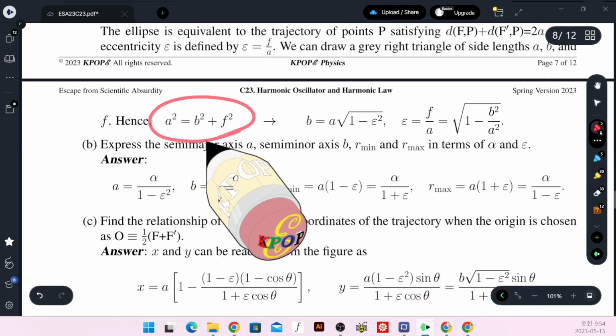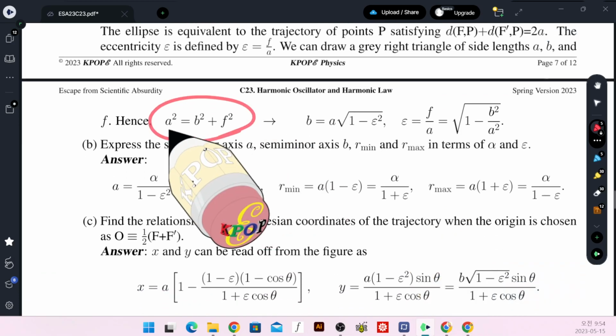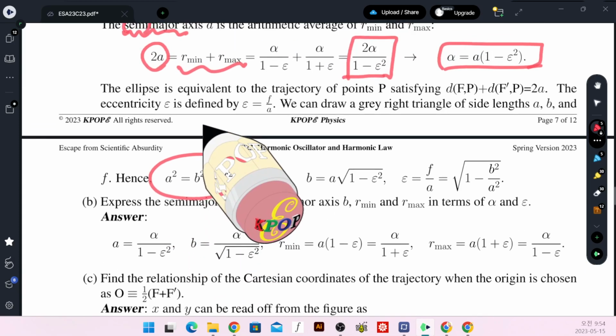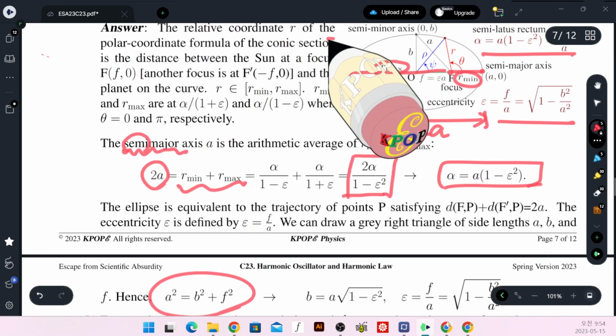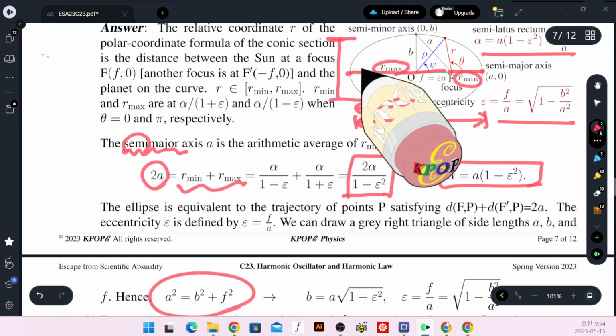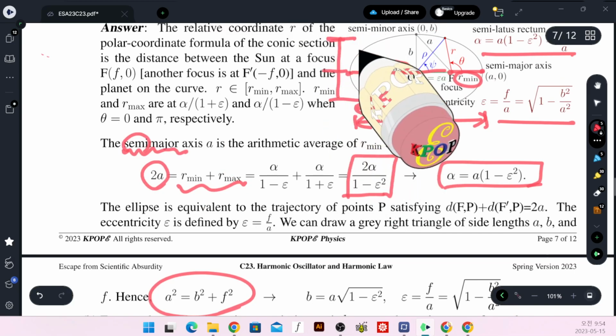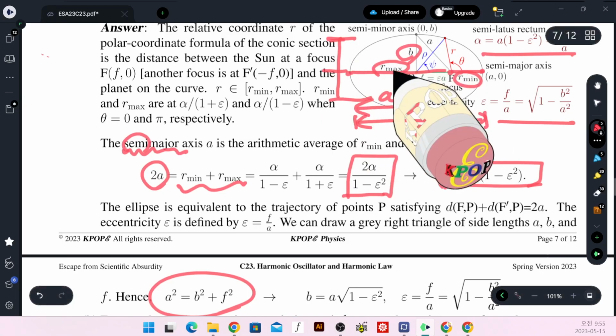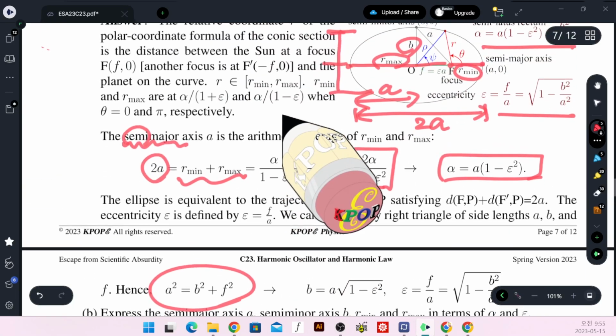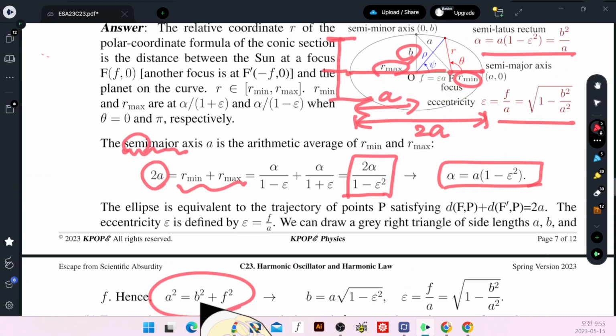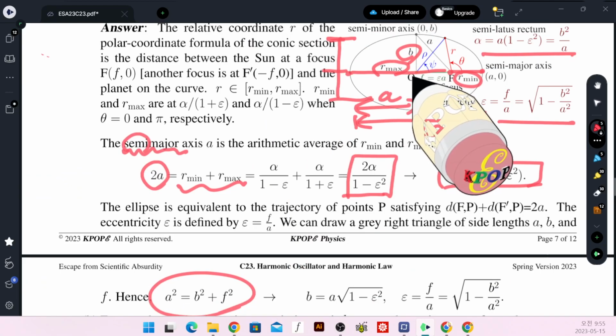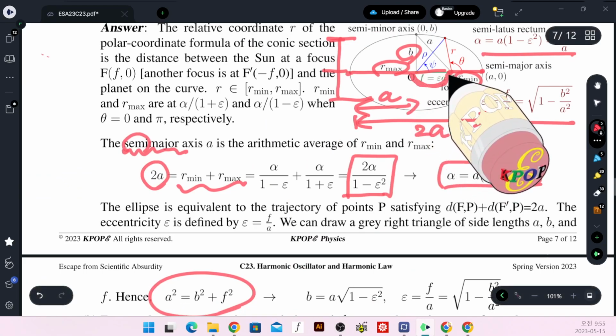So we have a correlation among semi-major axis and semi-minor axis. Semi-minor axis is the half of this height. So this is B, the semi-minor axis. Semi-minor axis, semi-major axis, and focus. This is a focus.